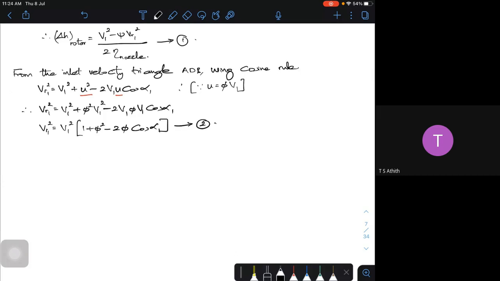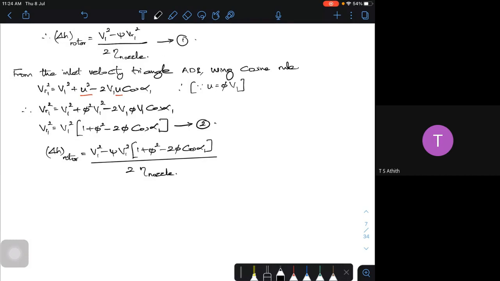So therefore I'm going to get delta H for the rotor is equal to V1 square minus psi into V1 square into (1 plus phi square minus 2 phi cos alpha 1), the whole thing divided by 2 times the efficiency of the nozzle or the efficiency of the blade.